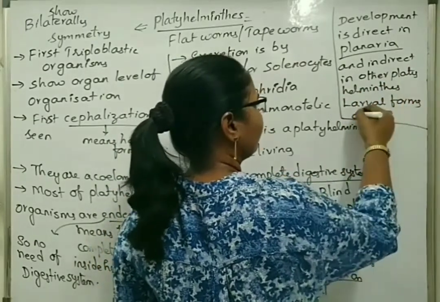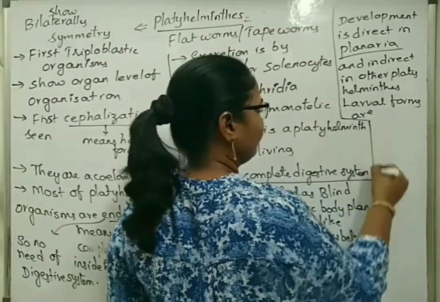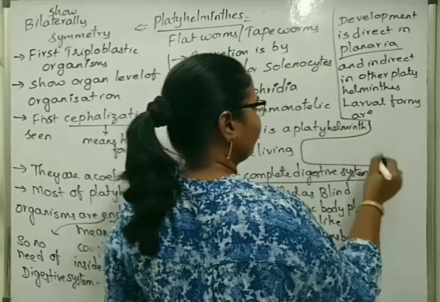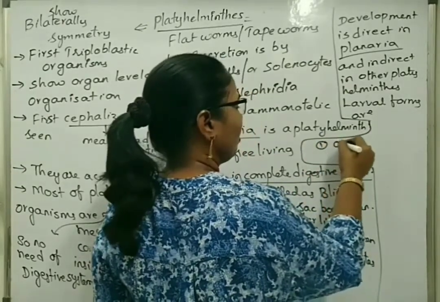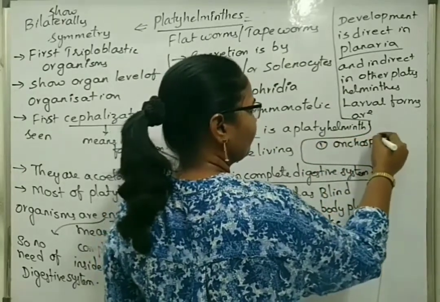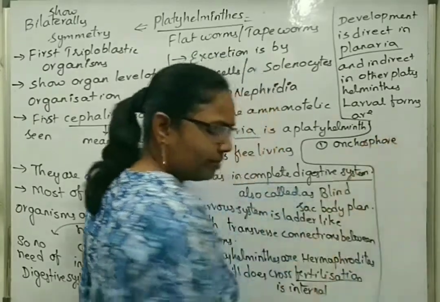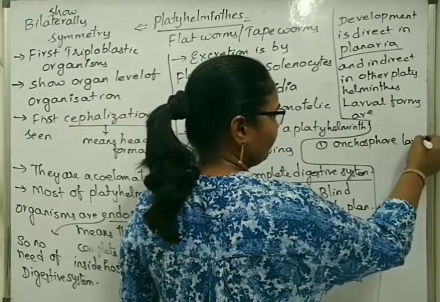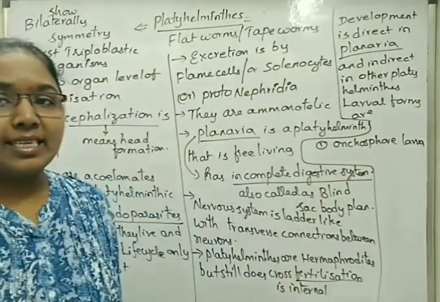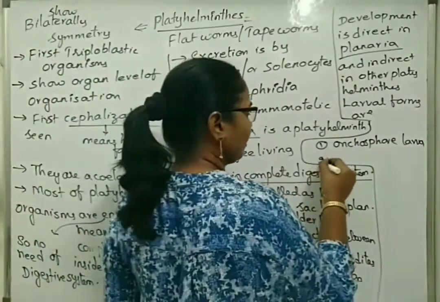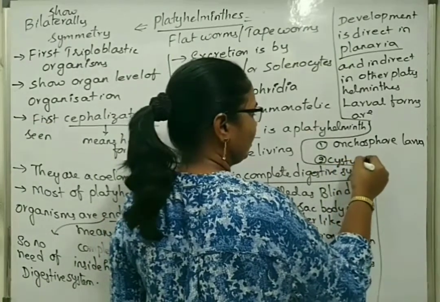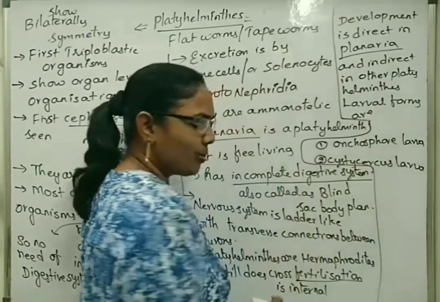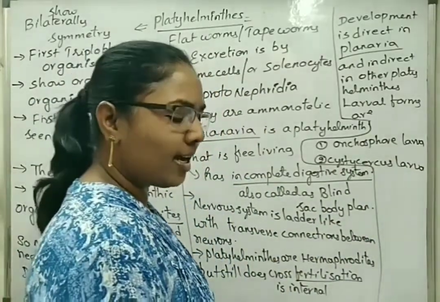The first one is the oncospore larva, and the cysticercus larva. The oncospore larva is also called the hexacanth larva.